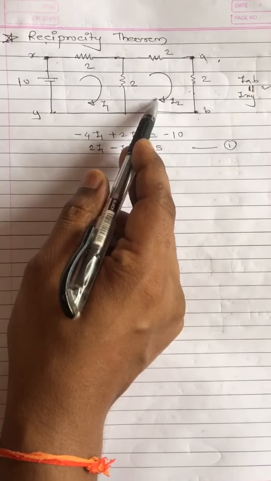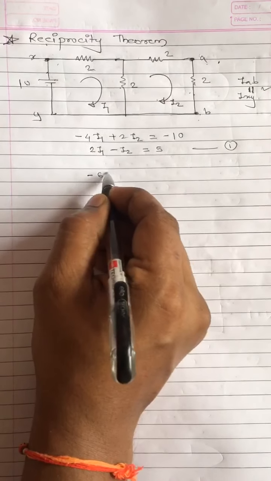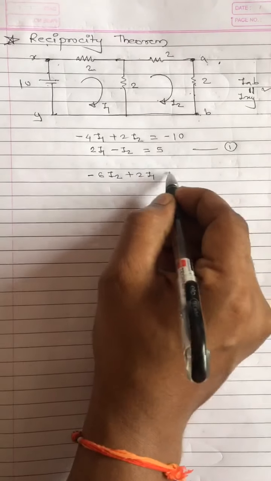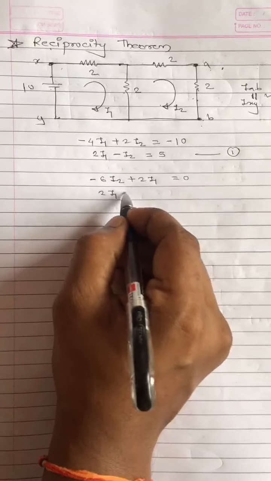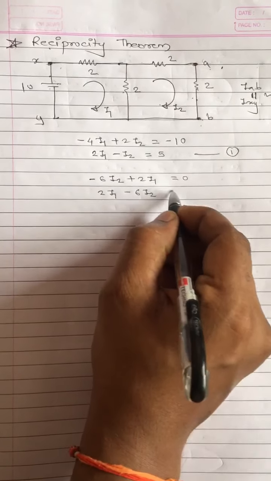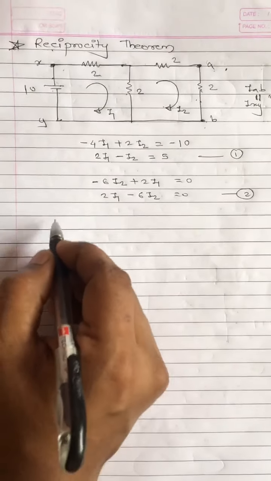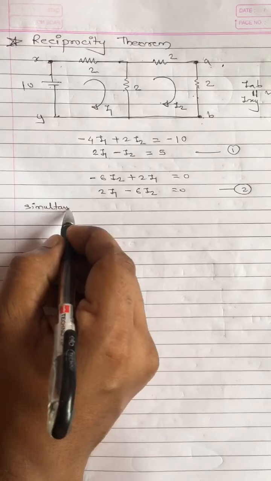When I apply KVL here, I will get the equation minus 6 I2 plus 2 I1 equal to 0. If I rearrange, it will be 2 I1 minus 6 I2 equal to 0. This is equation 2.